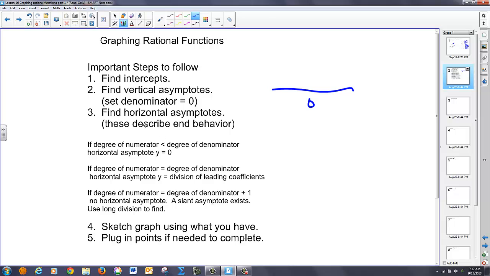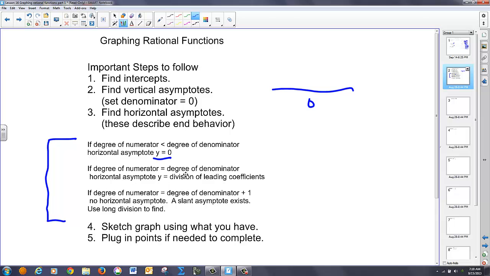Horizontal asymptotes are a little bit different. They describe the end behavior, and here are three keys to look for in order to determine what that horizontal asymptote is going to be. The book describes this a little bit different. I think this is a little bit easier, so I'm going to show you this. If you want to use the book's definition, knock yourself out. But if we have the degree of the numerator, which is the biggest power, less than the degree of the denominator, you've got a horizontal asymptote of 0.